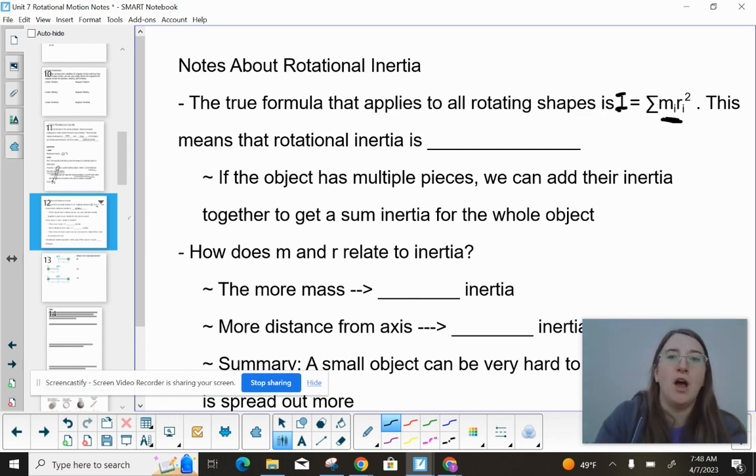If we chopped up the object into an infinite number of pieces and added together the masses times the distance they are from the center squared, we'd get the rotational inertia.